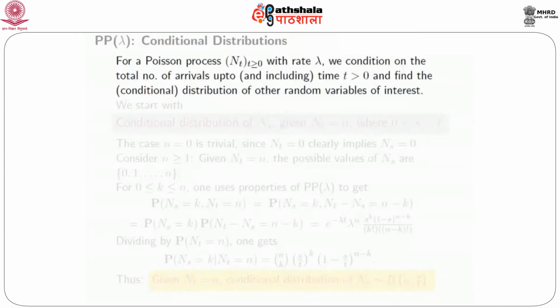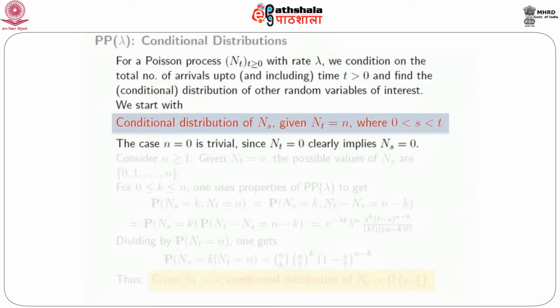For a Poisson process N(t) with rate lambda, we are going to condition on the total number of arrivals up to and including time t positive, and then find the conditional distributions of other random variables of interest.